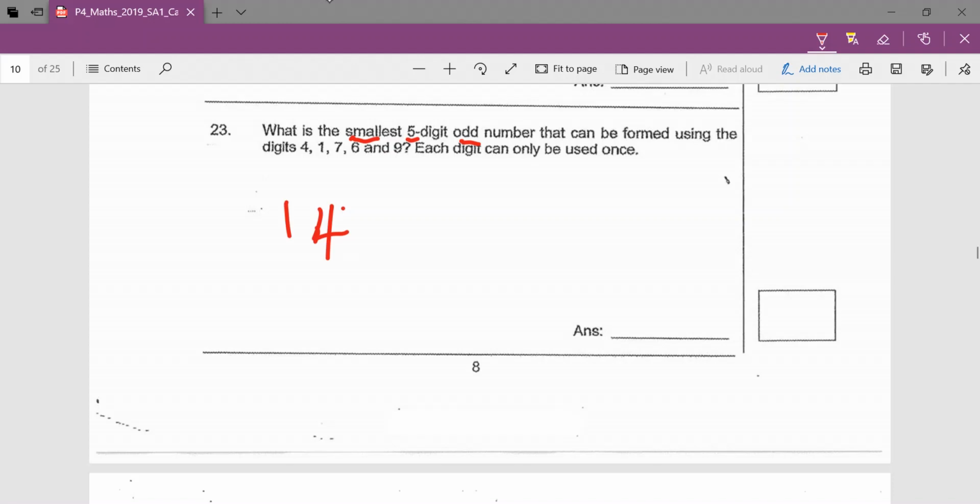Then the next smallest, providing that it's not an odd number that can interfere with your answer. Thankfully, 6 is even. So it's 1, 4, 6, 7, and 9. 7 is smaller than 9, and both are odd, so you can put 9 at the back. So it's 14,679.